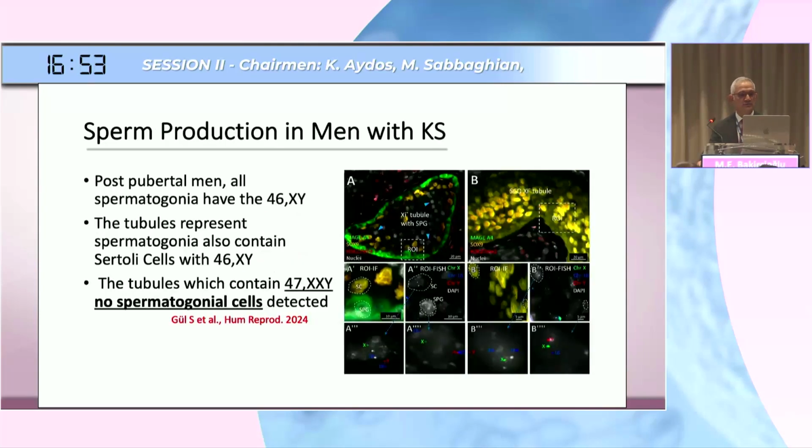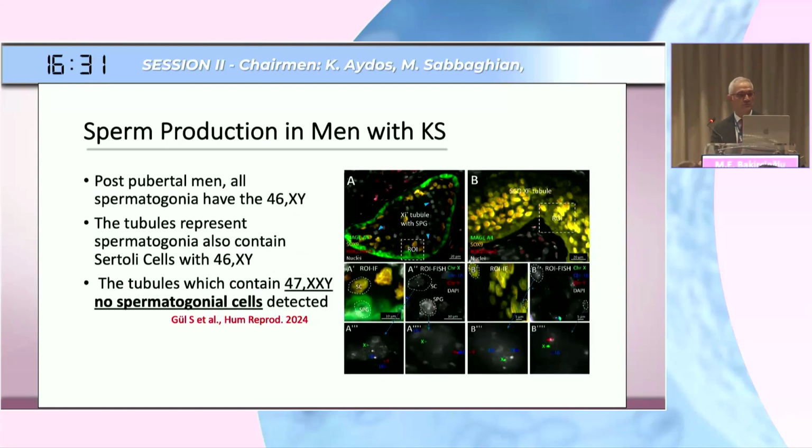A very new study was done and published recently. They looked at Klinefelter's men and prepubertal boys, and they checked the testicular tissue. In post-pubertal men, all spermatogonia have 47,XY.